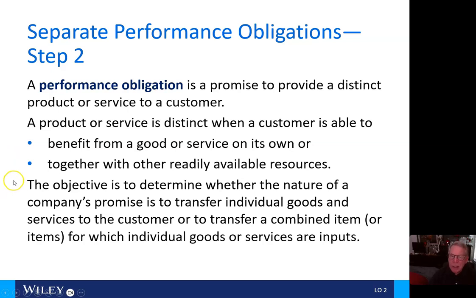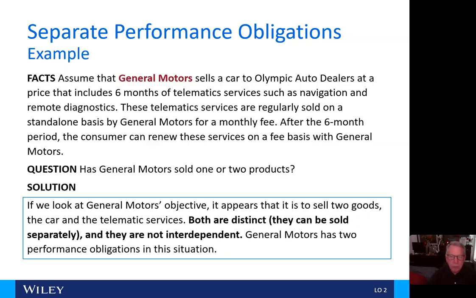The objective is to determine whether the nature of the company's promise is to transfer individual goods and services to the customer or to transfer a combined item or items for which individual goods or services are inputs.